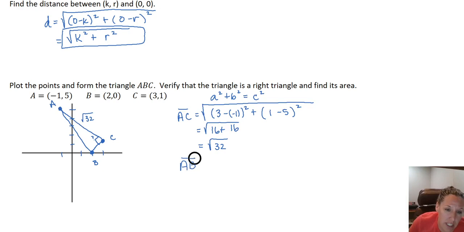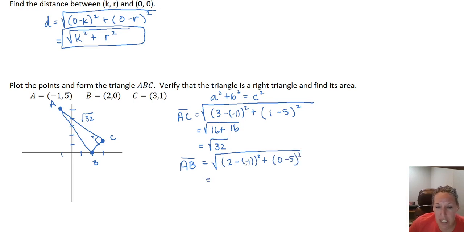Let's go ahead and find the distance between A and B. And this will tell us right now whether we picked the right one that could potentially be the hypotenuse, because remember the hypotenuse is always going to be the longest side in a right triangle. All right, so the difference between A and B now, we've got 2 minus a negative 1 squared plus 0 minus 5 squared.